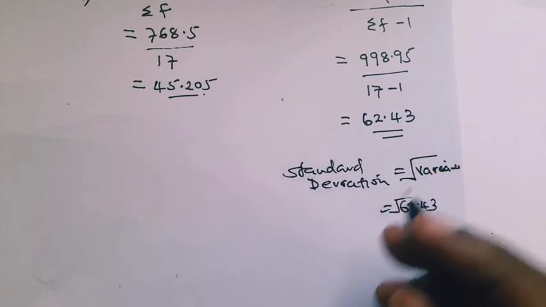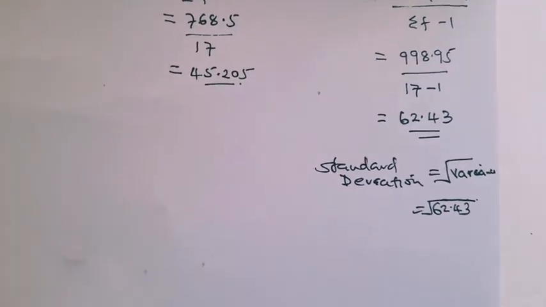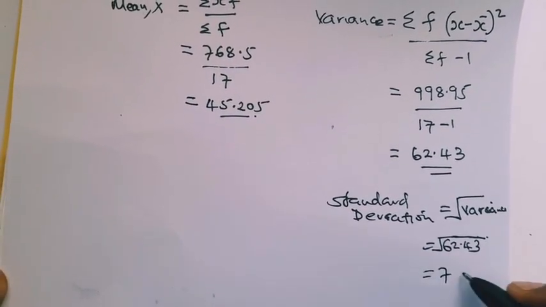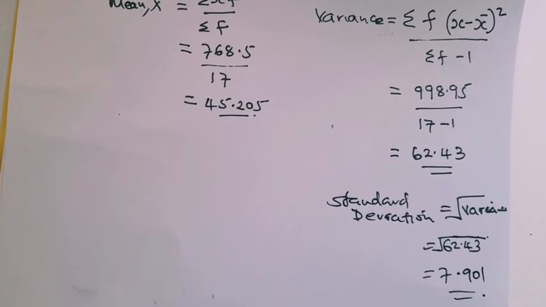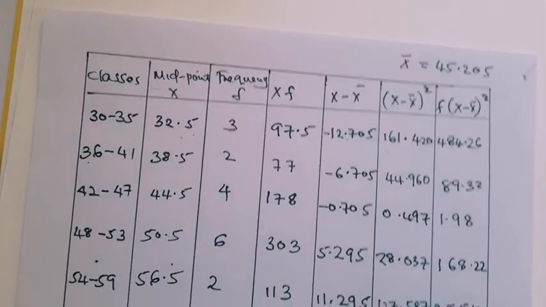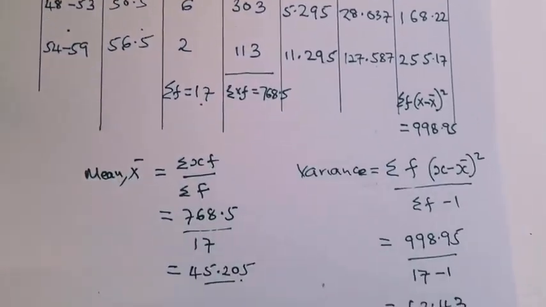So the square root becomes 7.901, and this one is the standard deviation. So that's how you are supposed to work out the question as per the table. We follow the procedure as shown until we come up to the last part of it.